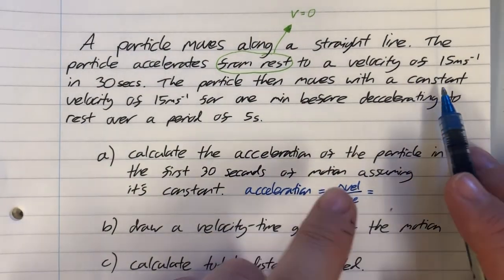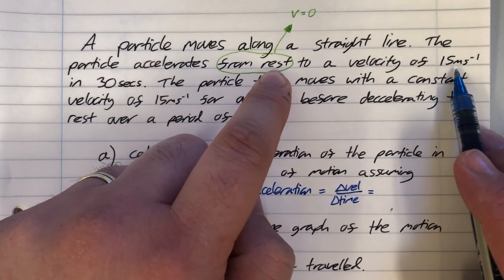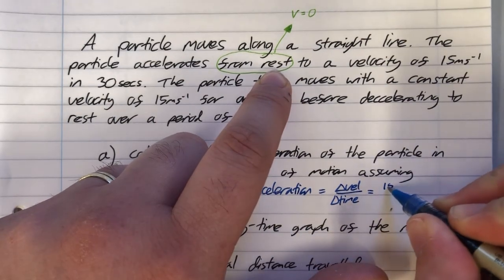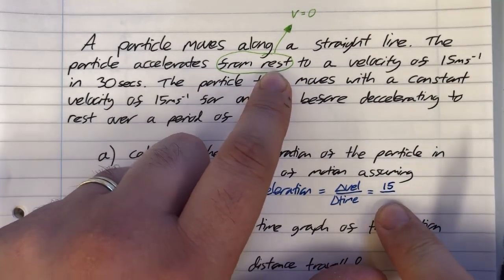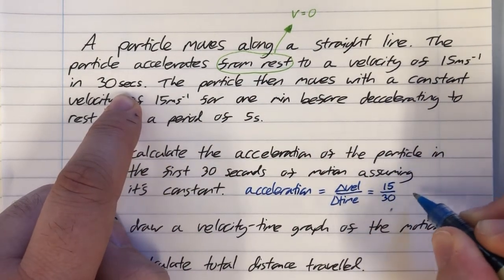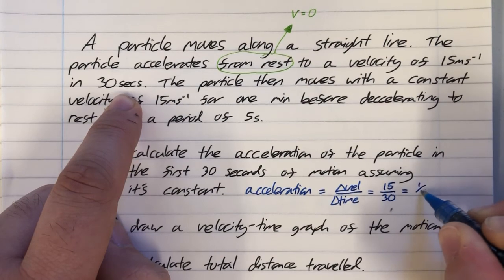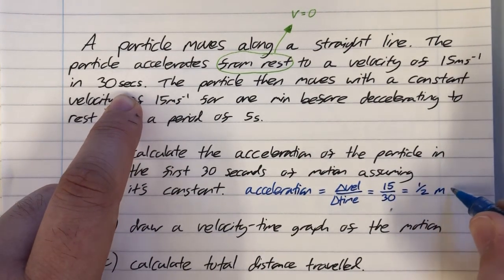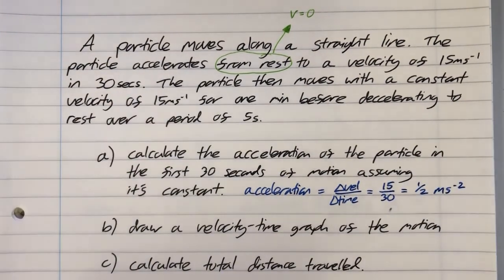So the change in velocity, well, it's gone from 0 to 15. The change in time, well, it's taken 30 seconds to do that. So that's 15 divided by 30, which is a half. So that is 1/2 meter per second per second.